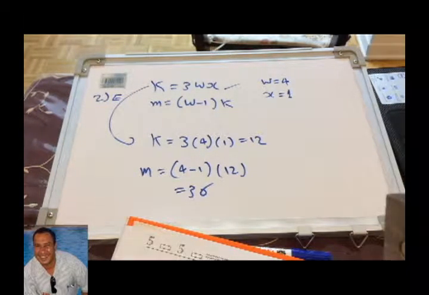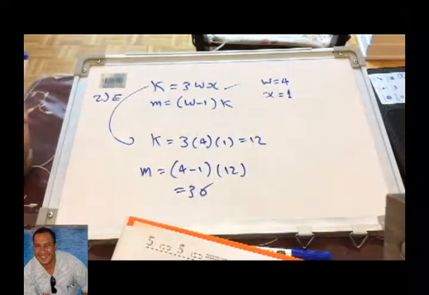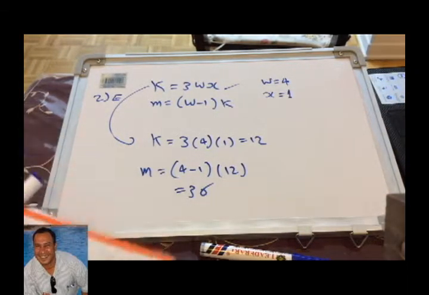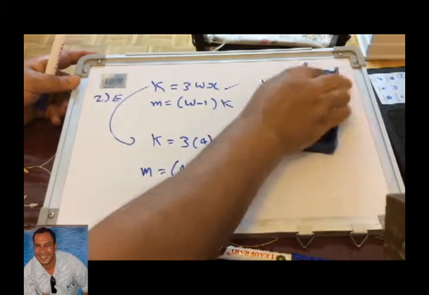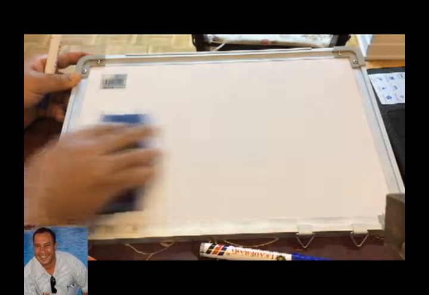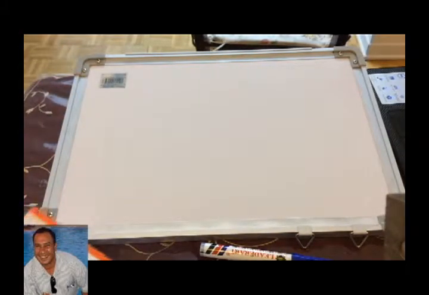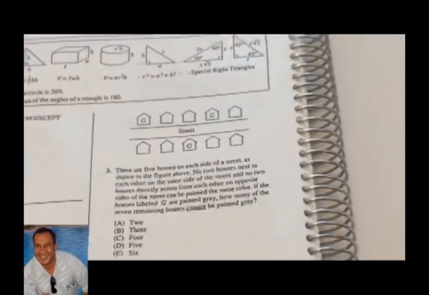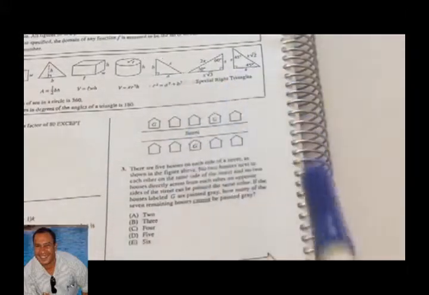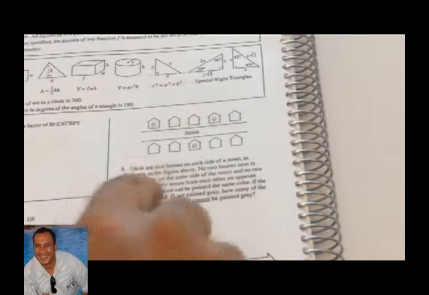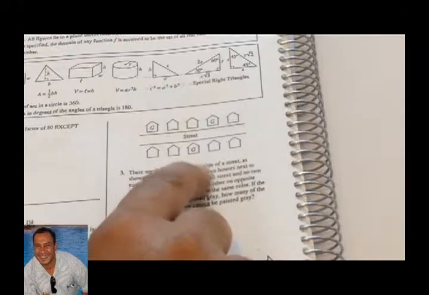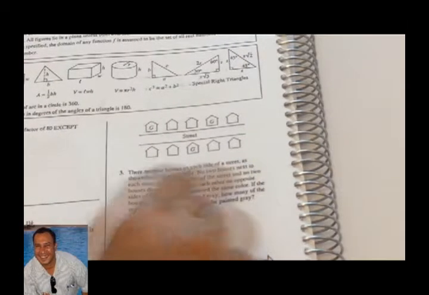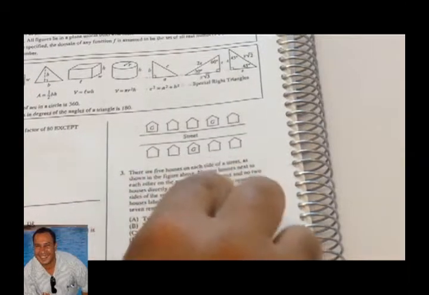Let's look at problem number 3. This problem states that we have a figure. There are 5 houses on each side of a street, as shown in the figure above.